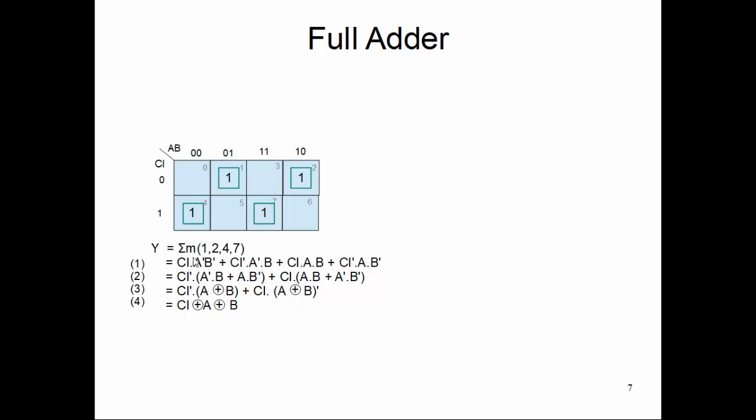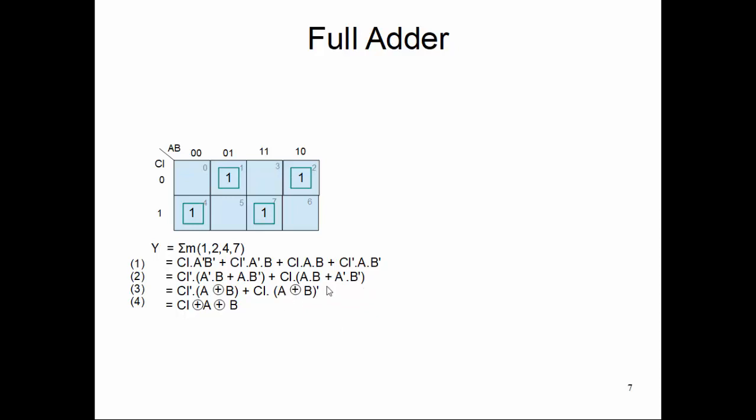What we do here is write down its expanded SOP, and then group CI bar A bar B and CI bar A B bar, and the other pair, CI A bar B bar and CI A B. By definition, A bar B or A B bar is XOR, so it is CI bar times A XOR B, and A B plus A bar B bar is basically A XOR B whole bar.